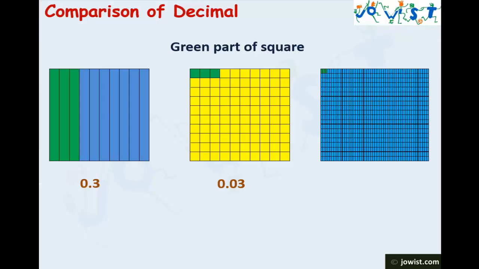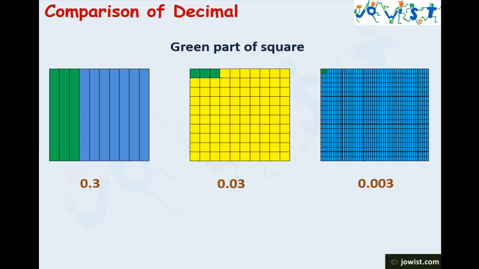Now look at this square. This square is divided into 1000 small rectangles. And out of these 1000 small rectangles, 3 rectangles are shaded green. Therefore, its representation will be 3 upon 1000. It is equal to 0.003.